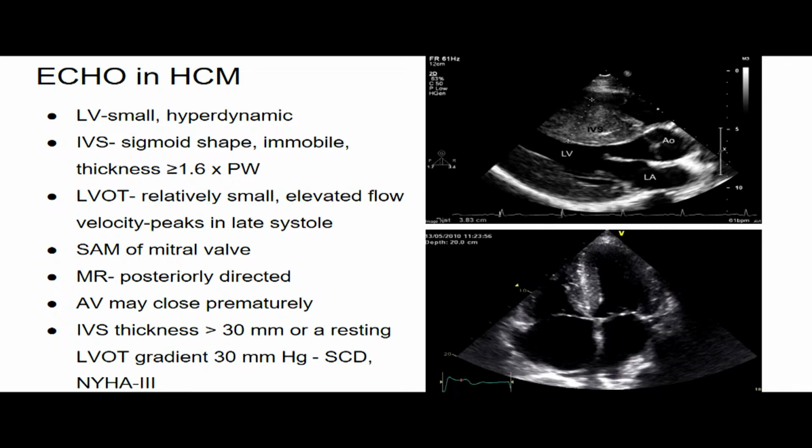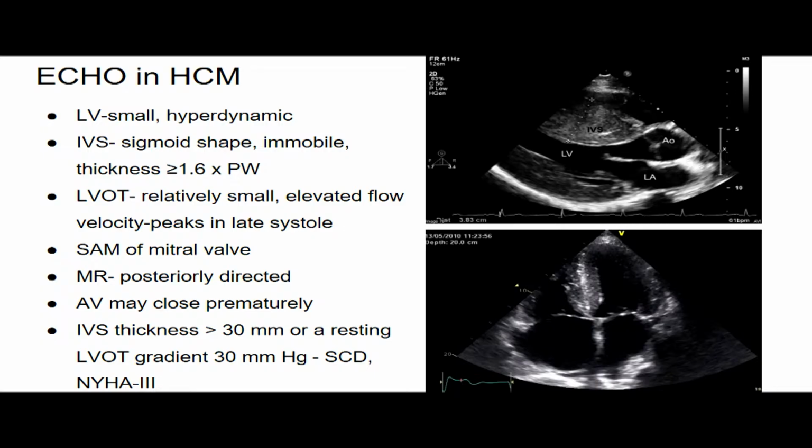Normally I told you that blood will come from LA to LV and then from LV to aorta. But in HCM what will happen, because the anterior mitral leaflet is closing here, this area will remain vacant, means the mitral leaflets are not getting closed, AML is going ahead. So during contraction there will be backflow of blood from LV to LA, which we call mitral regurgitation.